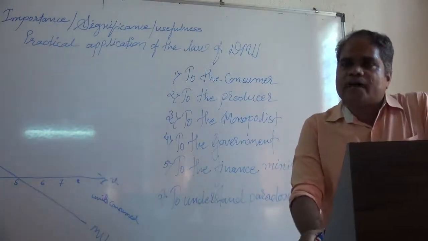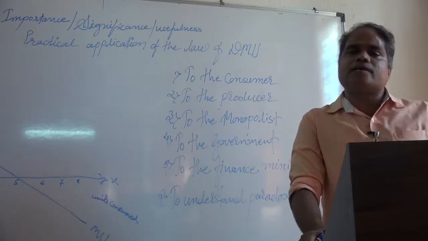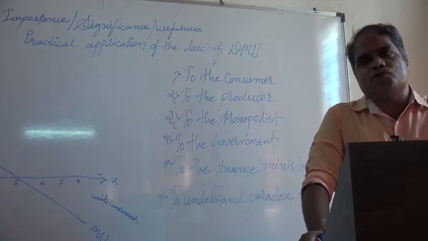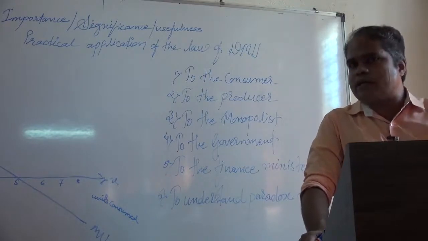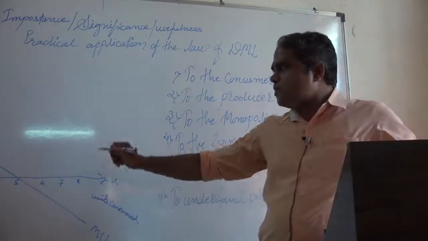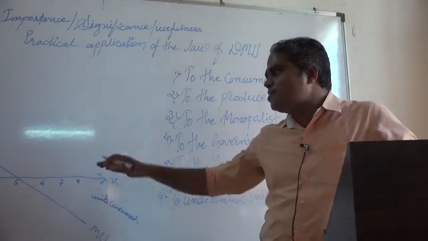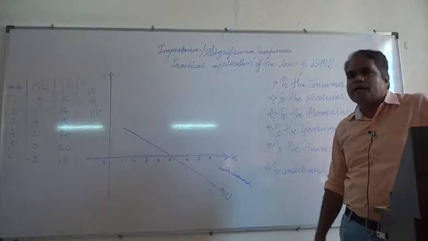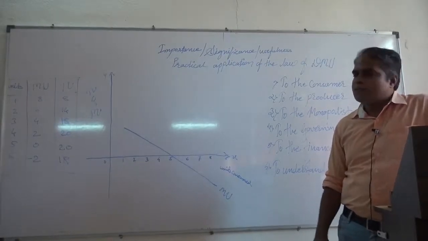So the government or finance minister can impose higher tax on the higher income group, and lower tax on the lower income group. Because as per the law of diminishing marginal utility, as the level of income increases, the marginal utility of money decreases. Okay?